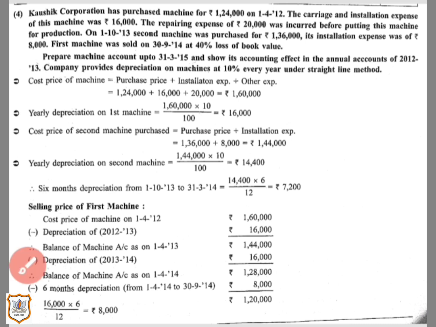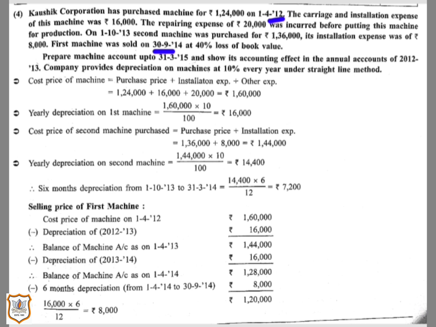Now let us see the selling price of the first machine. Here it is given in the question that the first machine was sold on 30 September 2014 at 40% loss of book value. And this machine was purchased on 1st April 2012. In the first accounting year that begins from 1st April 2012 and ends on 31st March 2013, this machine was with us for the whole year.